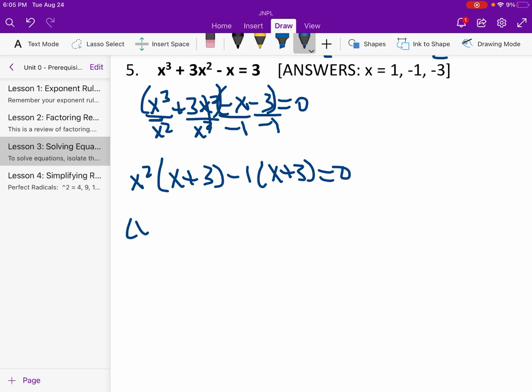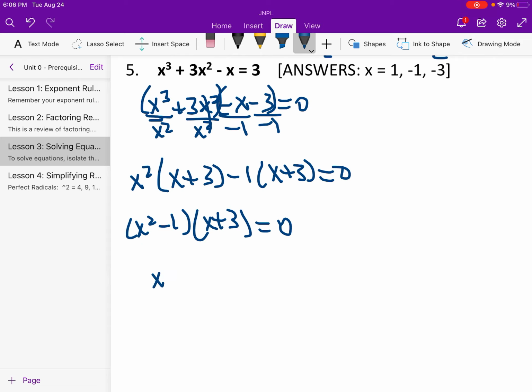So now we have x squared minus 1 as one of our factors, and x plus 3. So you might say, oh, I thought we were supposed to get 3 answers, but there's only 2 factors. Well, you have to see that this is a difference of perfect squares, so there's going to be 2 within that.